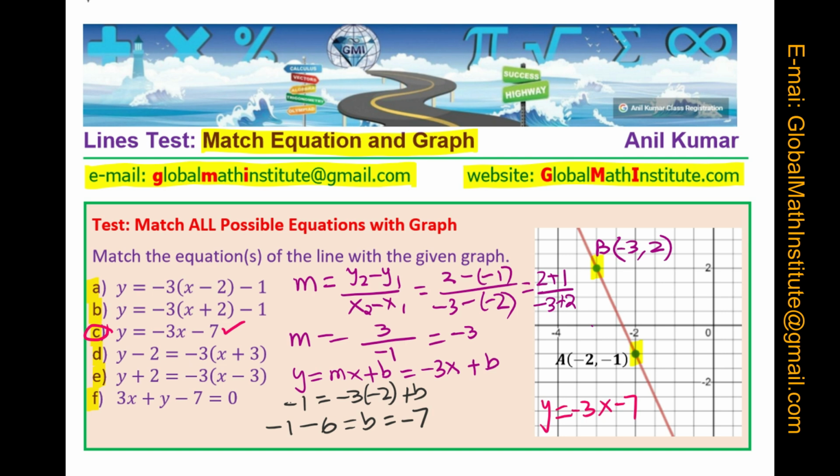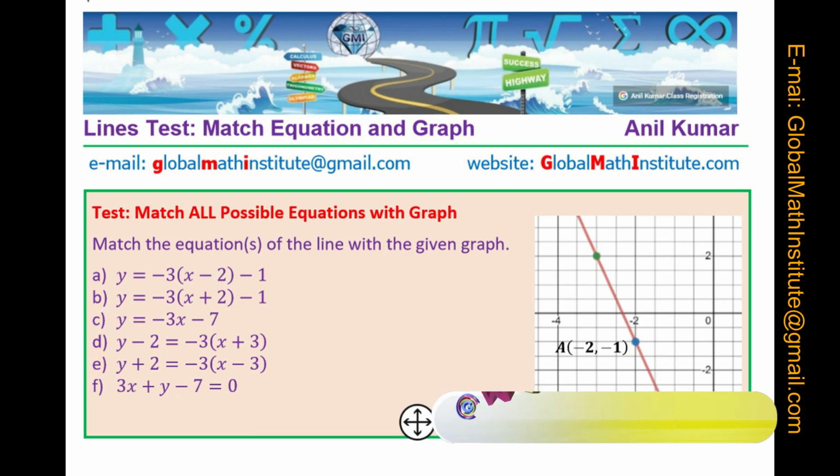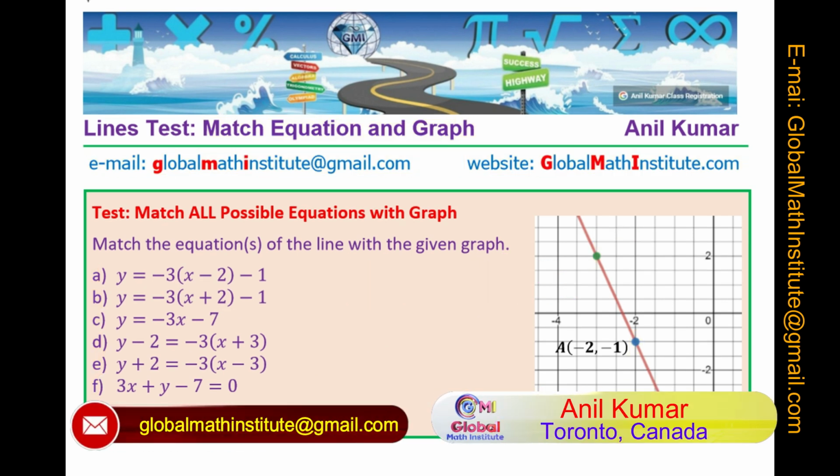Now we could also get some other correct equations also. Let us see how. So let me take you to the next page and we'll try to find other solutions by using different forms of lines of equation. So we know that the slope of this is -3, right? So let me rewrite here. What we know is that the slope m is equal to -3, and we have already found that C is the correct option.